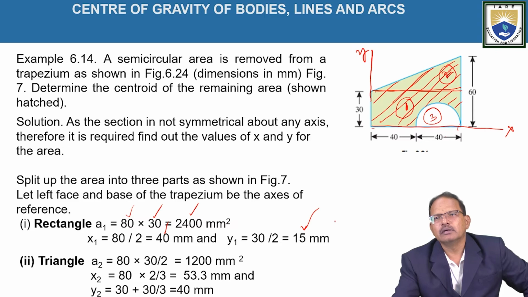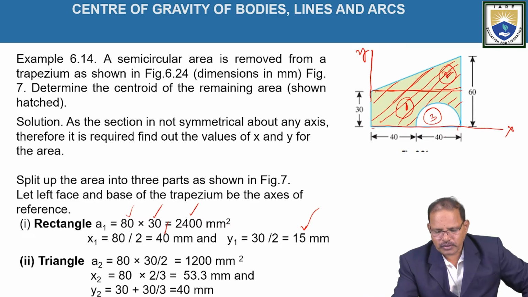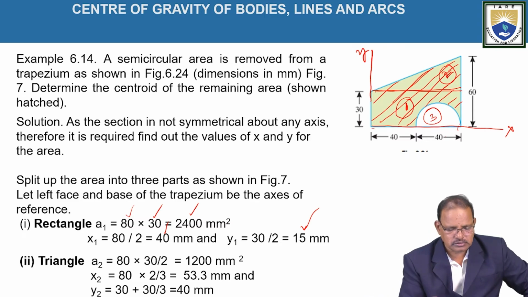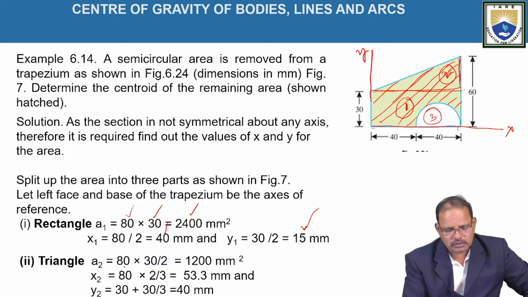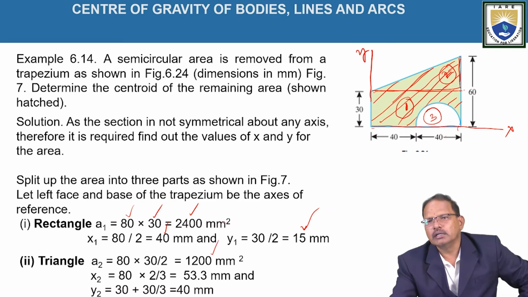Similarly, the area of the triangle is equal to half into base into height. The base is 80 and the height is again 30 mm. So half into base into height, 80 into 30 by 2, is equal to 1200 mm square.